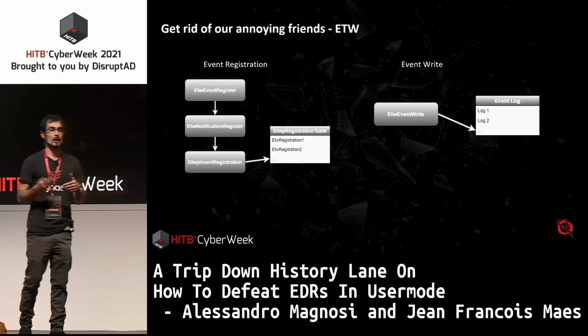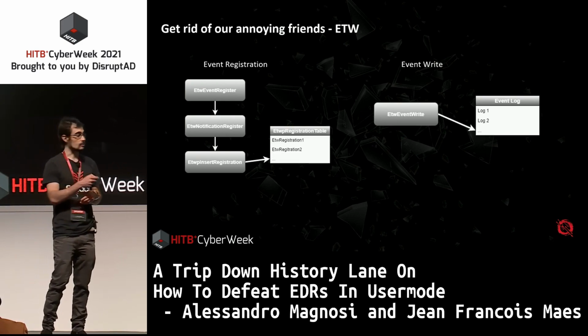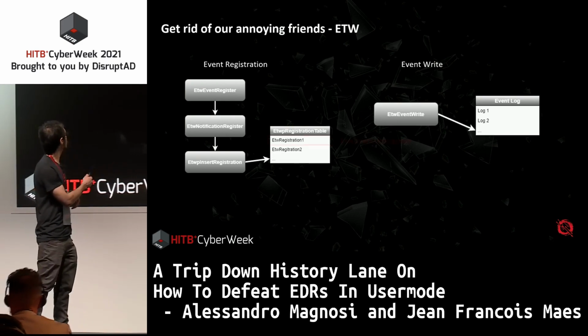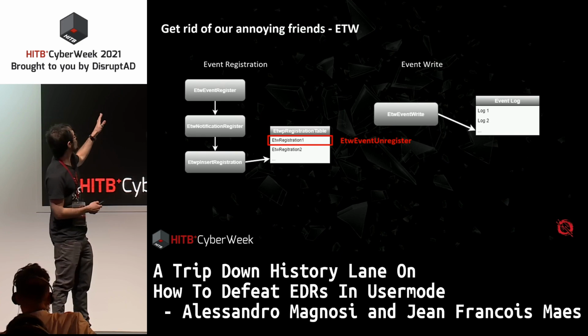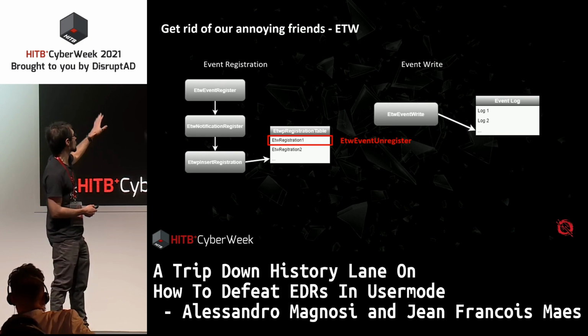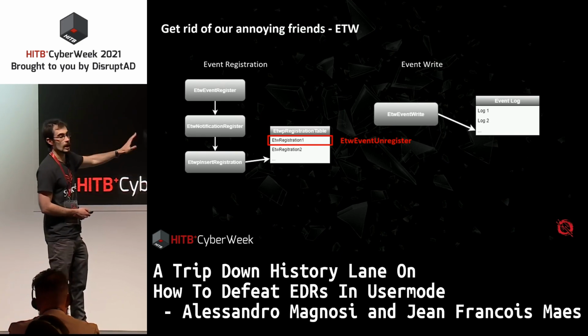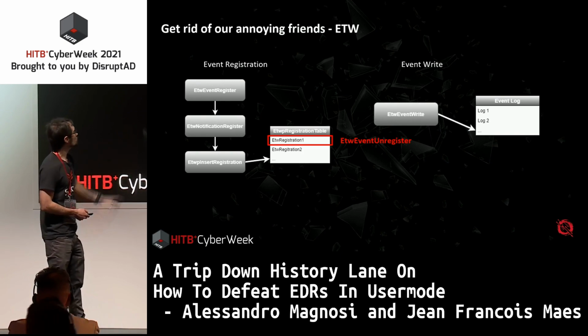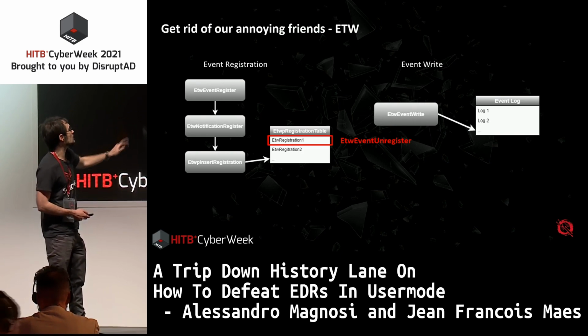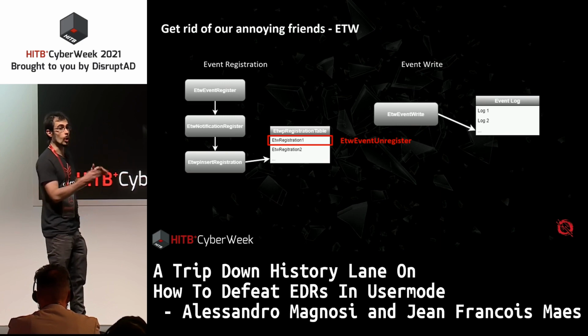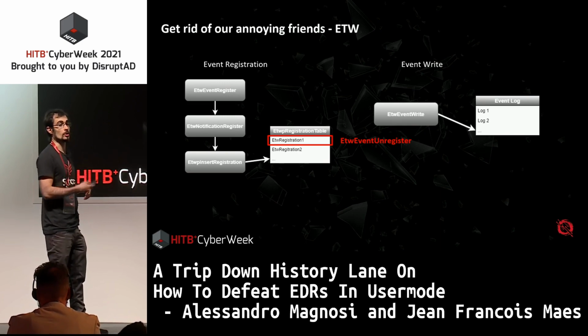How does it work? In event registration, we have this full stack. The event register calls the notification register, which puts the registration in a global registration table. This registration table contains a list of all the events that have to be logged within the process.